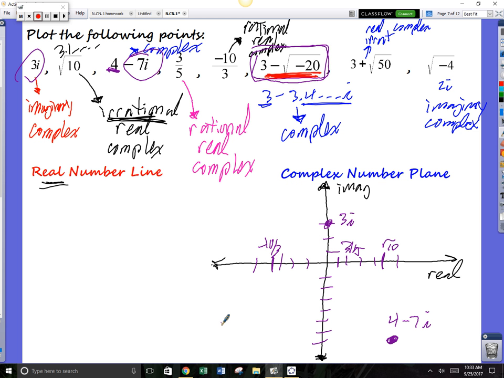So it's this guy right here. It was 3 and then a negative 4.5 imaginaries. So to do that, we gotta go over 3. 1, 2, 3, and then down 4. 1, 2, 3, 4. So it lives pretty close to 4 minus 7 imaginaries. This is 3 minus square root of negative 20.